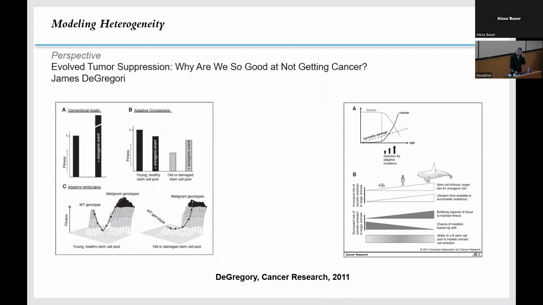In this next part, I'm going to share with you some of our mouse models. And in thinking about how I introduce these mouse models and the concepts behind them, I couldn't find any better than a perspective from our dear colleague and key researcher here at the Cancer Center, James DeGregori.